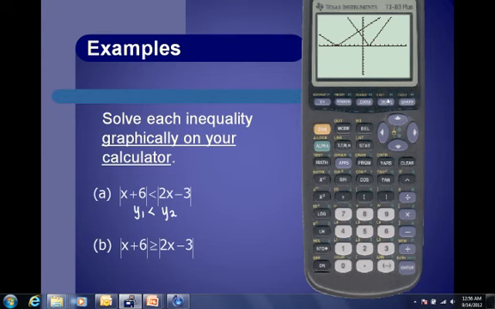Let's zoom out just a little bit. This time I'm just going to go to zoom out, enter. So there's the first one, there's the second one. I'm going to change it just a little bit. Let's go back to y1 for a second. Do you see over at the total left side, it's just got the little line? If I press enter, that's going to change that to a little bit darker line.